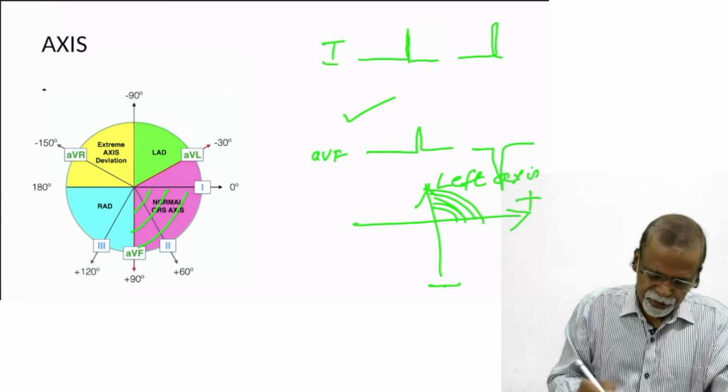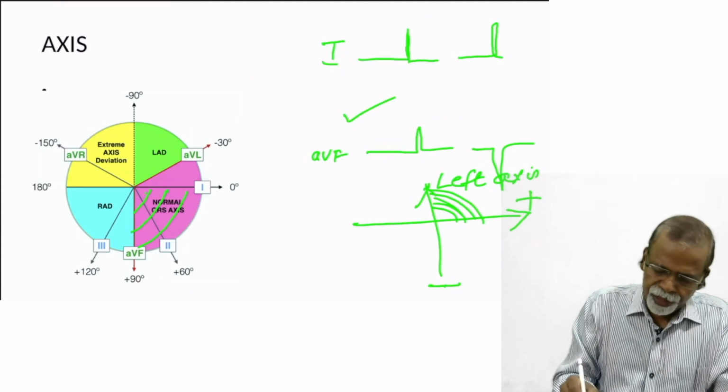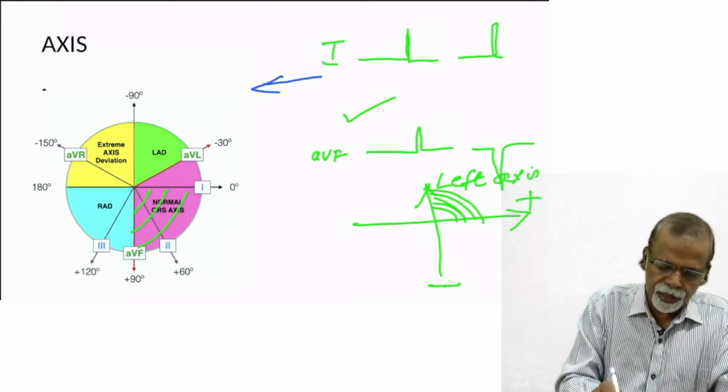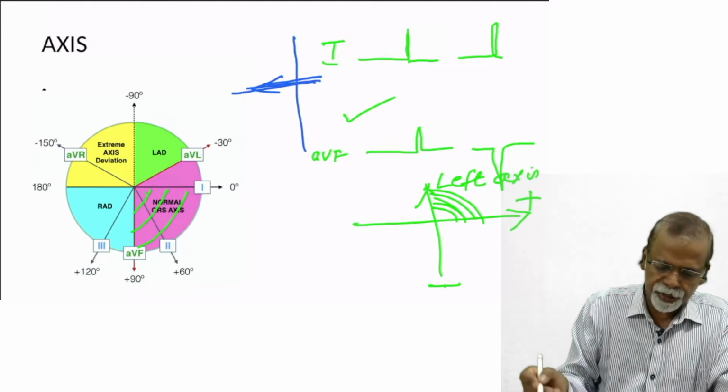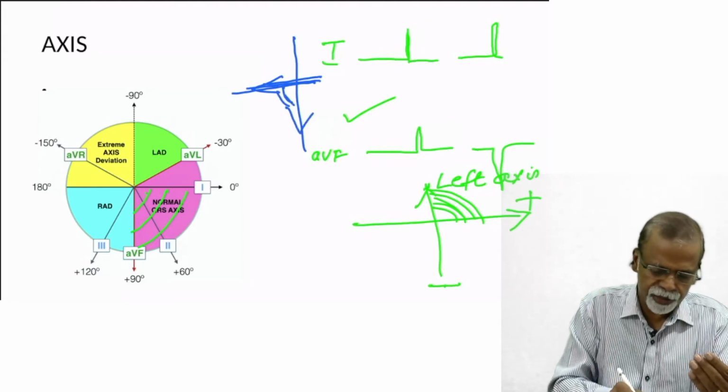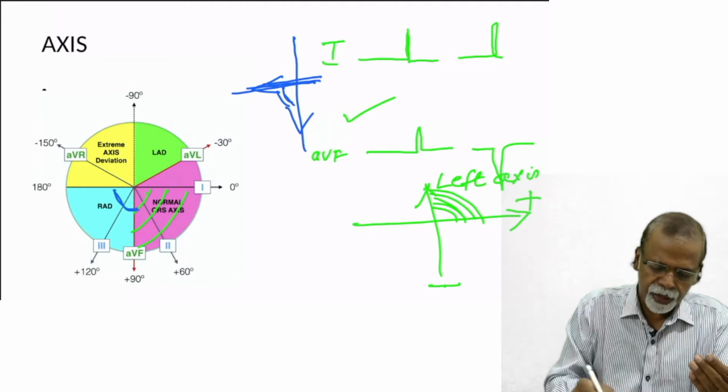Take another case where lead 1 is negative. What does it mean? The current is going away, so you will get lead 1 negative. It is going in this direction. And the AVF is positive, which means the current is going in this direction. So this will be in this quadrant. What is this quadrant? This quadrant is right axis.